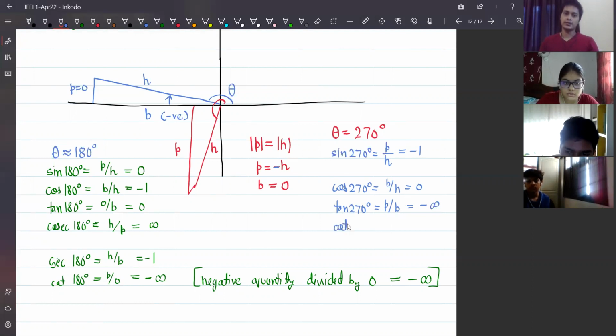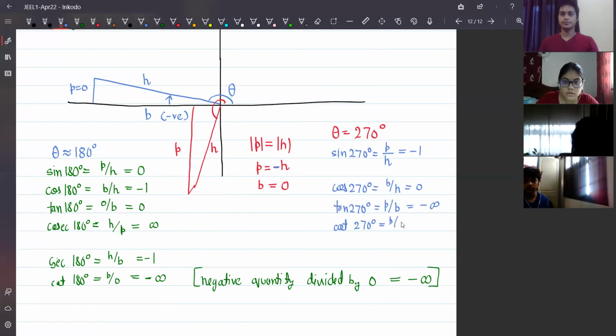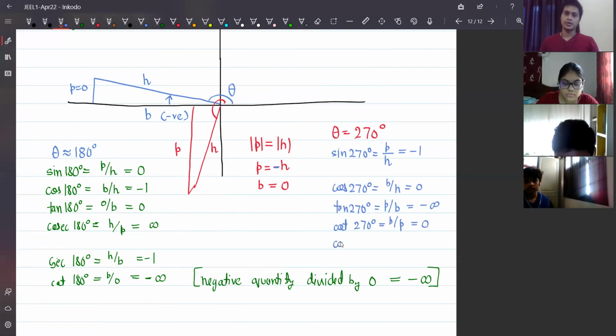Then cot 270, 0. Cosec 270, minus 1. And one more, sec 270.